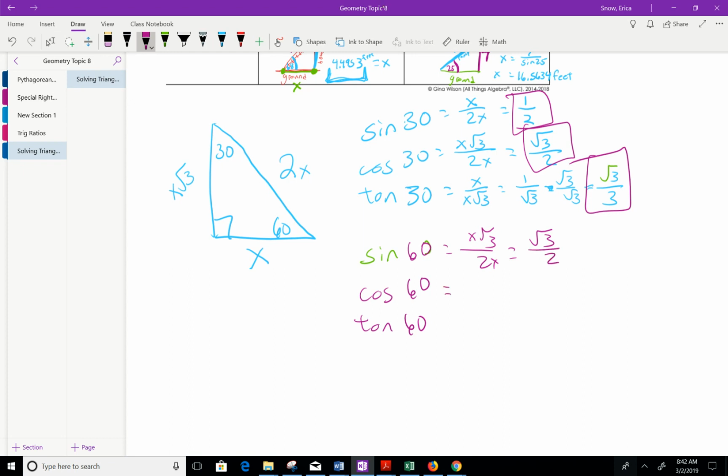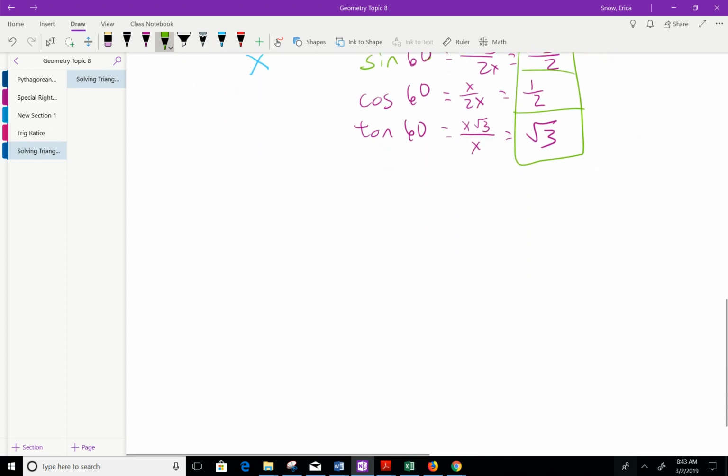Cosine of 60 is x over 2x, which is 1/2. And tangent of 60 is actually a little bit easier because it's x root 3 over x, which is just the square root of 3. So again, you'll notice that all of these, the cofunctions, are opposite for those angles, those complementary angles.